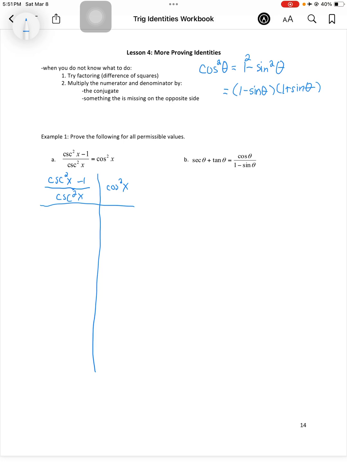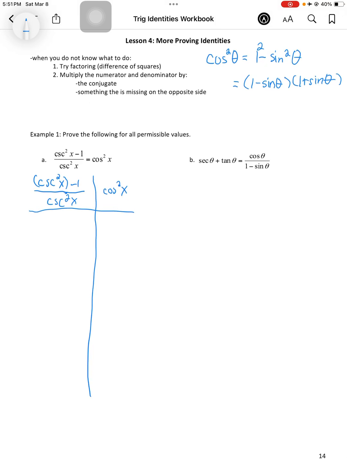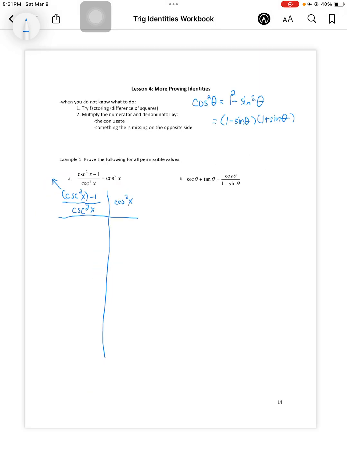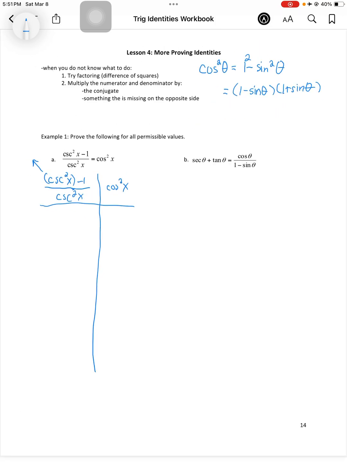Here, if you look at cosecant squared x, this is actually the formula 1 plus cotangent squared x, and this again can be seen on your formula sheet. So we're going to replace only the cosecant squared x in the numerator with that. We're not going to do the same thing in the denominator. You'll see why in a bit, but we're only going to change the one part first.